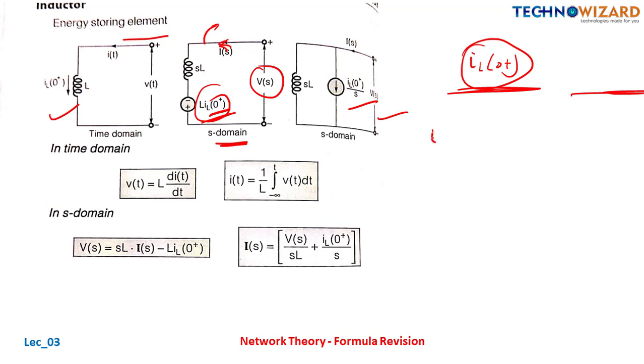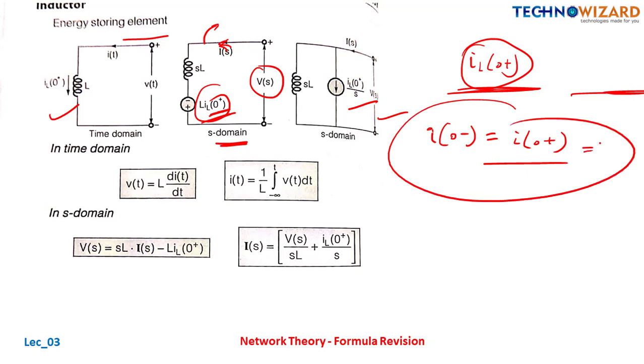In transient, if you have studied transient, you know that the current at I0 minus will always be equal to the current at I0 plus, or you can say I of 0. So at the time of switching, a spark is produced, that is known as transients.